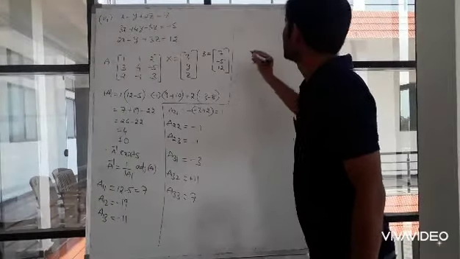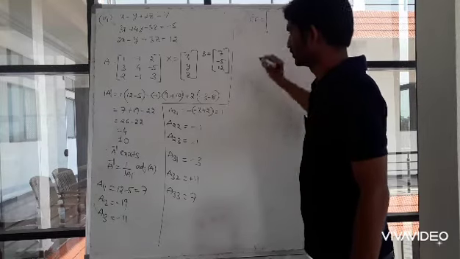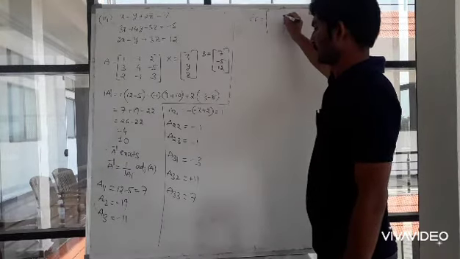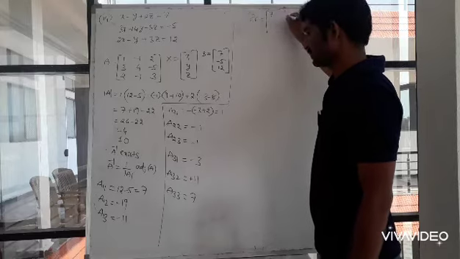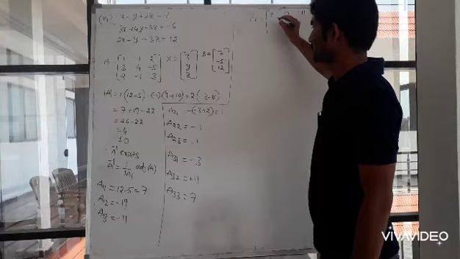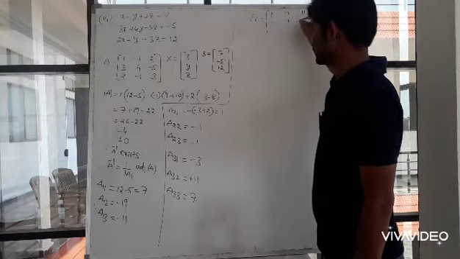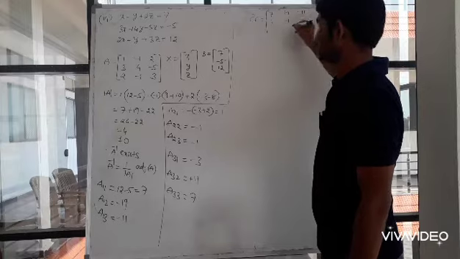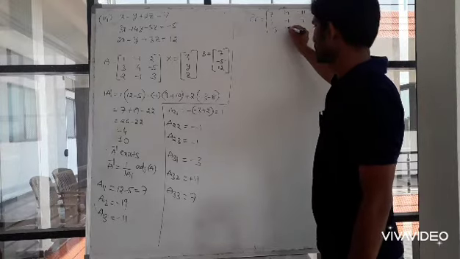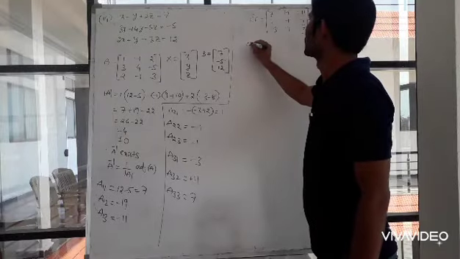We'll write here CF. CF, cofactor matrix is equal to 7, 19, -11, 1, -1, -1, -3, 11, 7. CF it is. Then adjoint.